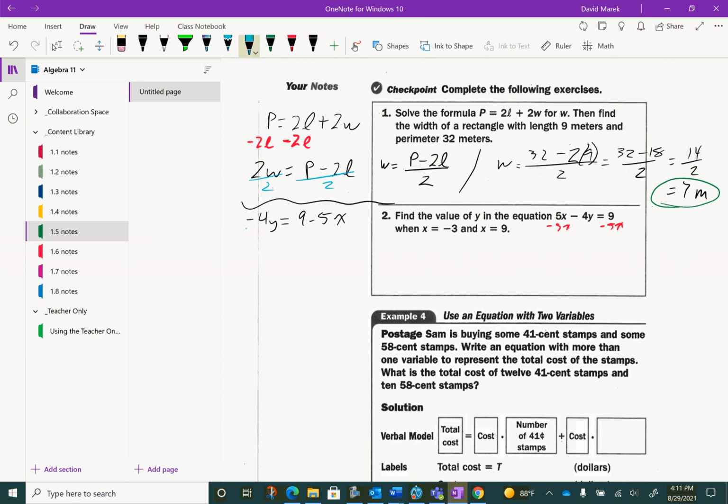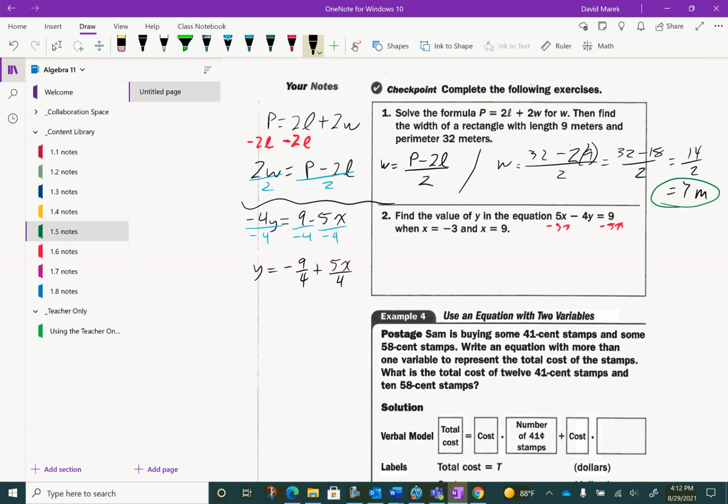And then I need to divide everything here by negative 4, and here by negative 4, and here by negative 4. Absolutely everything. So I get y is equal to negative 9/4 plus, again, negative divided by a negative, 5x over 4.